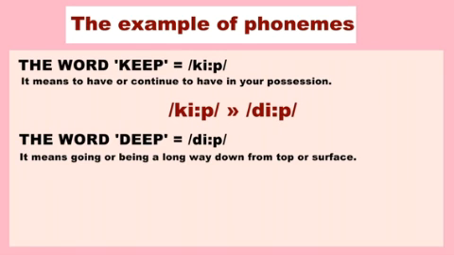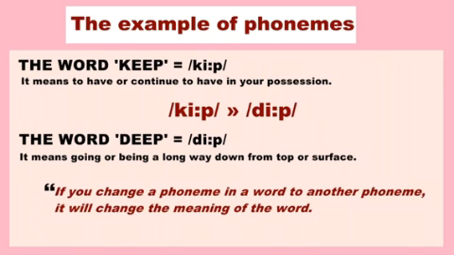The word deep has a meaning which is going or being a long way down from top or surface. So, if you change a phoneme in a word to another phoneme, it will change the meaning of the word. That's why a single phoneme could convey a meaning.